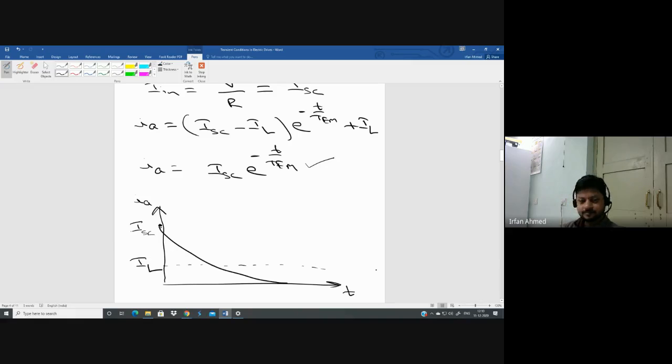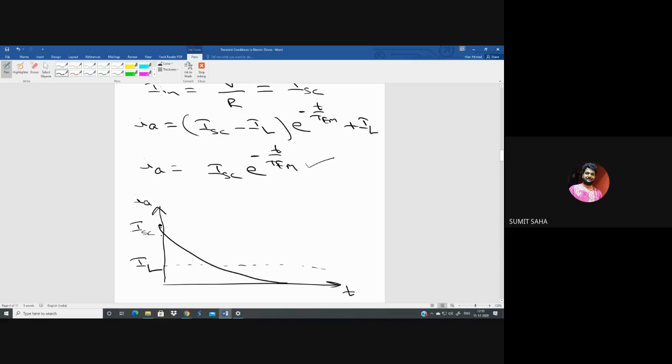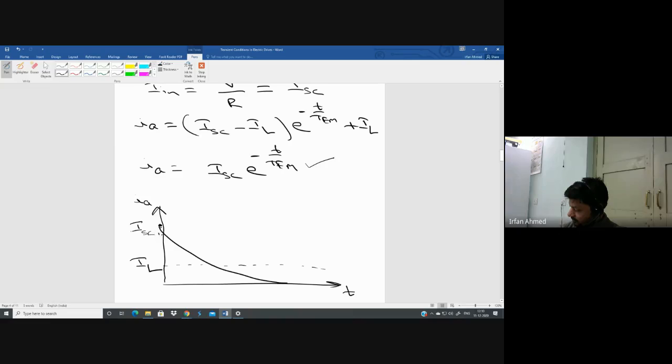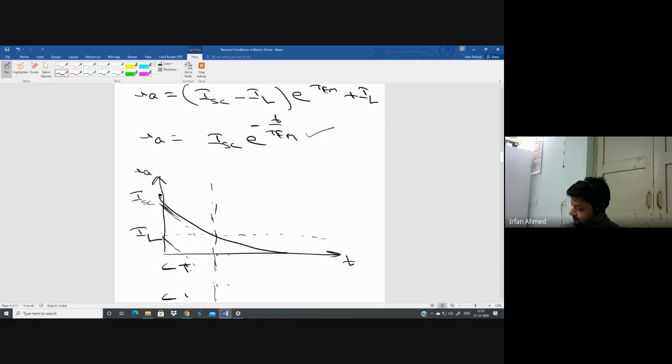Clear? If you draw a tangent to this curve, then this is your time constant, TEM. Okay?